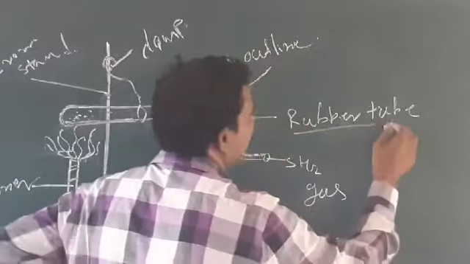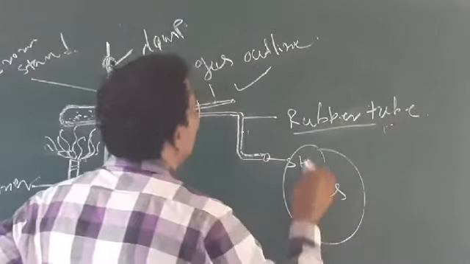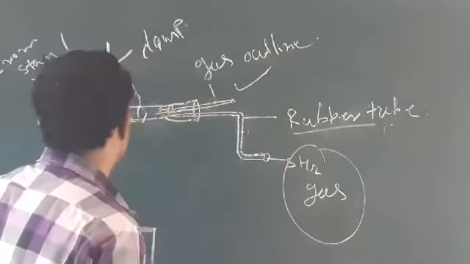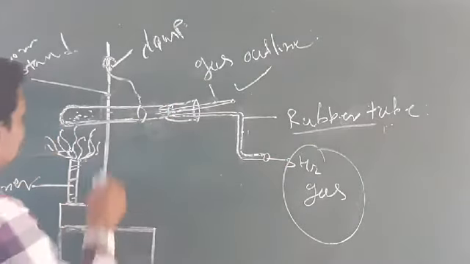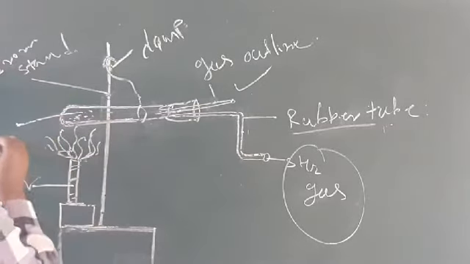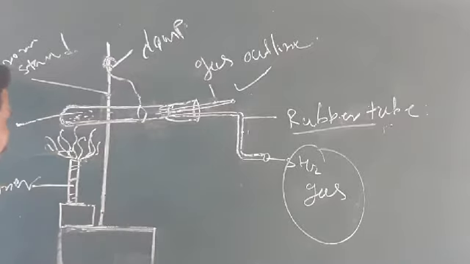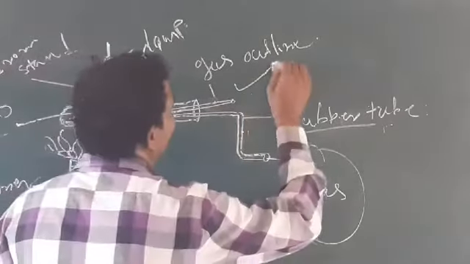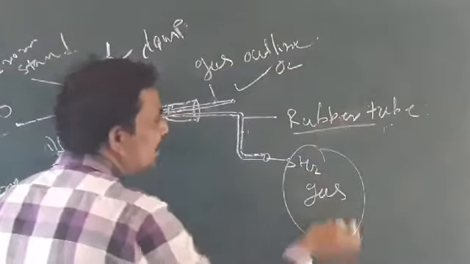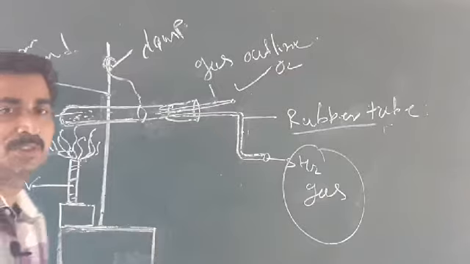Through the rubber tube H2 gas is going in, and here oxygen is going out, and inside we want to identify the redox reaction. Here we took the compound CuO, copper oxide, and when heat is given, what will happen? Two things happen: oxygen is removed and hydrogen is added. So for this reaction, how is the procedure?